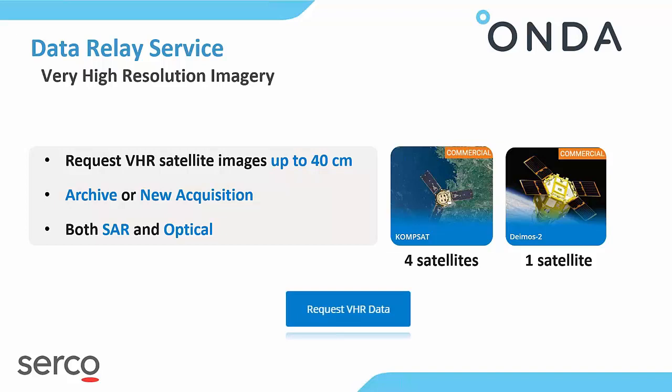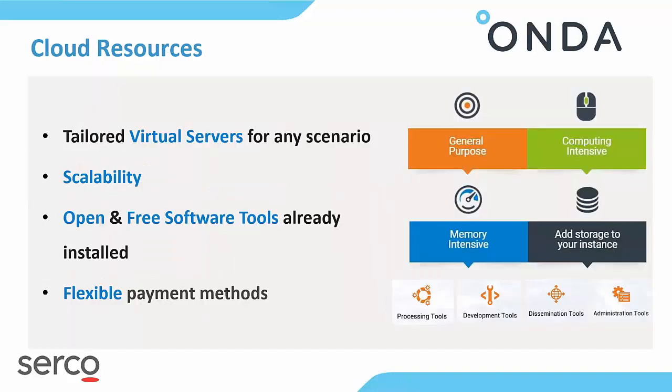Second pillar is cloud resources for you to develop your applications and services. So basically we provide virtual servers for any scenario. You can design your own virtual machine by choosing the storage, the RAM, the bandwidth, all the specifications that you need.